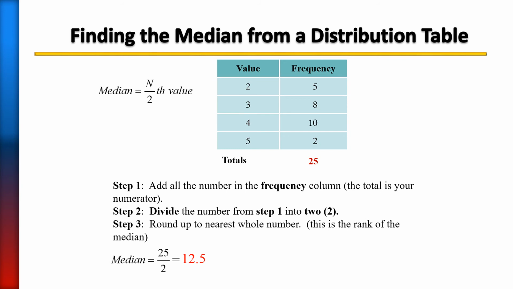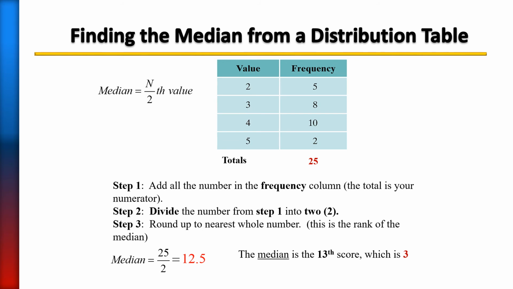So my median is whatever number is the 13th number. If we look at our frequency distribution, 5 plus 8 is 13. That means the 13th value is still a 3. And so that is my median.